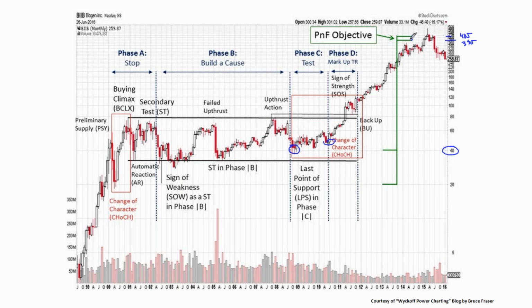And again, we are coming to this area with the idea that we're looking for any type of distribution patterns or any type of changes of character, which would tell us that the reversal is going to happen, or we're going to develop another trading range. And this is very close, Bruce. You can see that last run-up is a climax.